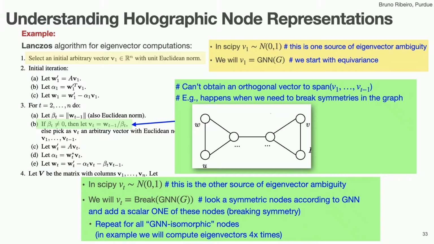Maybe they are, maybe they aren't, but we're going to break those symmetries at this part of the algorithm. So we are going to break one of these nodes, and this is what creates multiple embeddings, because for each isomorphic node, I have to break for each one of them and compute the eigenvector for each one. So I get multiple eigenvectors from it.